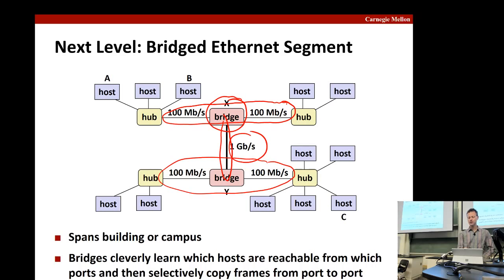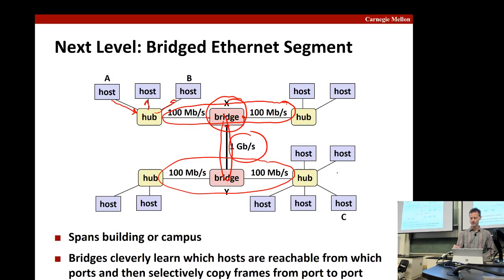And what's interesting here, we said that the hubs are kind of naive about things. They'll just take whatever gets sent to them and broadcast it on all the other hosts on the hub. The bridges are a little bit smarter. They figure out which hosts are reachable across which of their ports, and then they're only broadcasting information to where the host is.